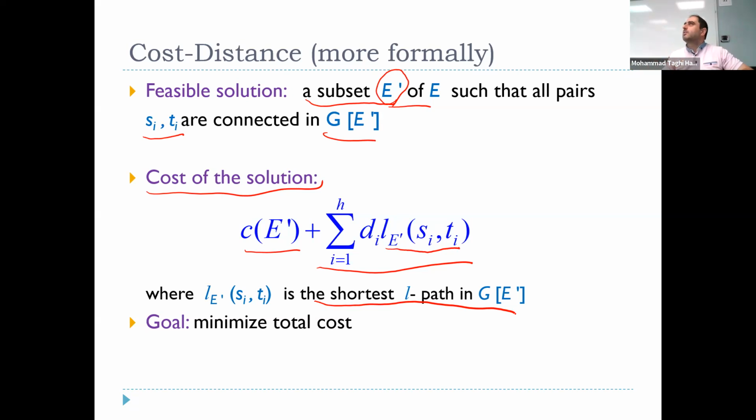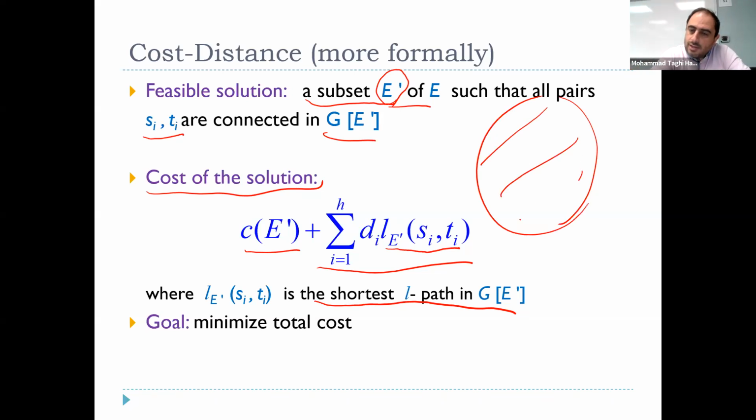So we change it a little bit, to make it more formal. This is the whole graph. These are the demands that are given to you. You want to buy a set of edges such that these demands are connected. Now, how much is the cost? Of course, the installation cost you need to pay for each of them. But then what about the rent?